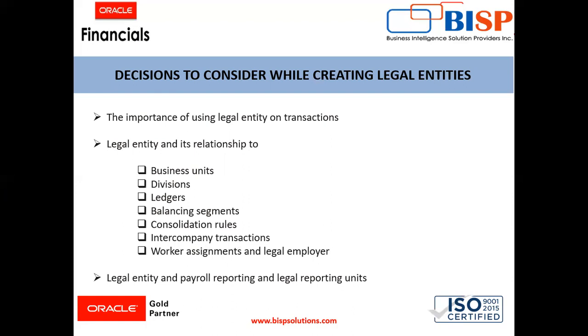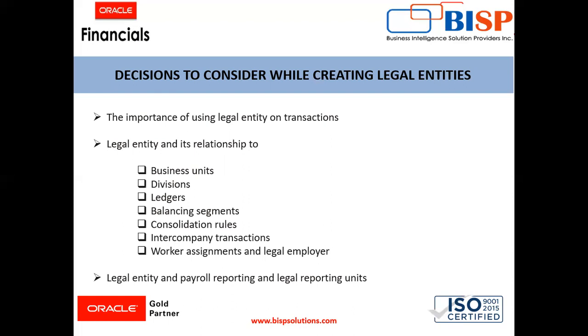Now comes the worker assignment and legal employer. Legal entities which employ people are called legal employers. Here also comes the term payroll reporting or legal reporting units. A legal entity can be identified as an authority to pay payroll taxes and social insurance on the security of their payrolls.